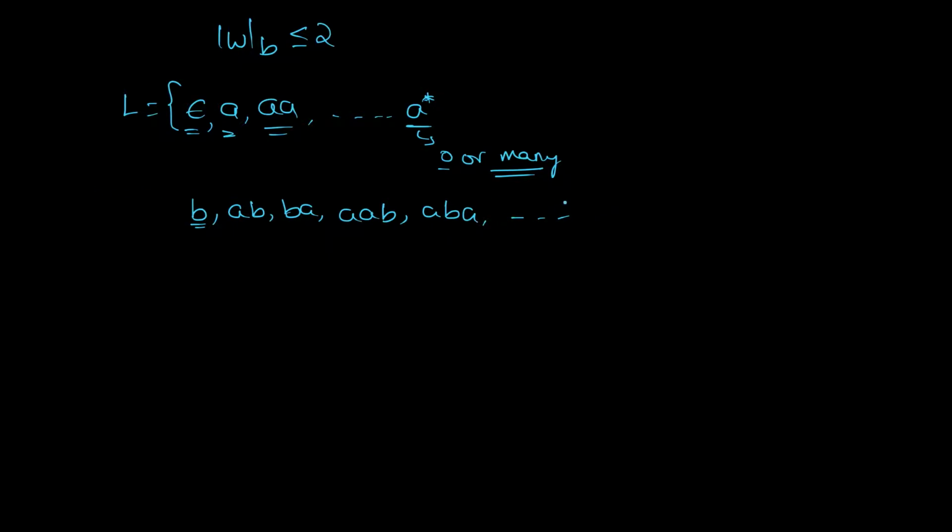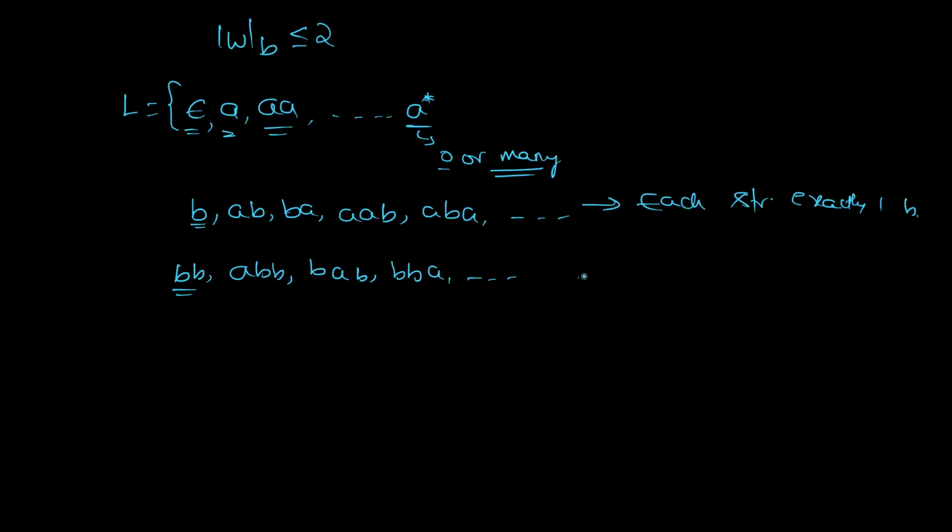In this, each string will have exactly 1 B. What if we have 2 B's? Like BB, ABB, BAB, BBA, and so on. In this, each string has exactly 2 B's.